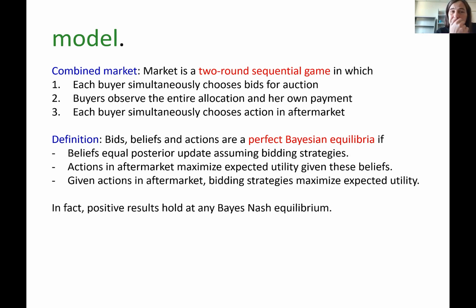And just a comment, our positive results, in fact, hold for a weaker solution concept, namely BNE. And also our negative result holds for a stronger solution concept, sequential equilibria. But you can just keep in mind what's probably most natural for you, which is that we're studying the PBE of this combined market. Are there questions about this setup?